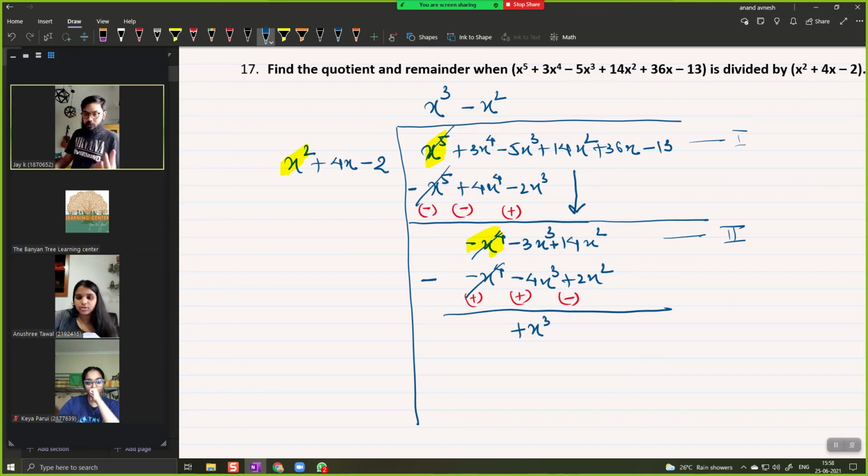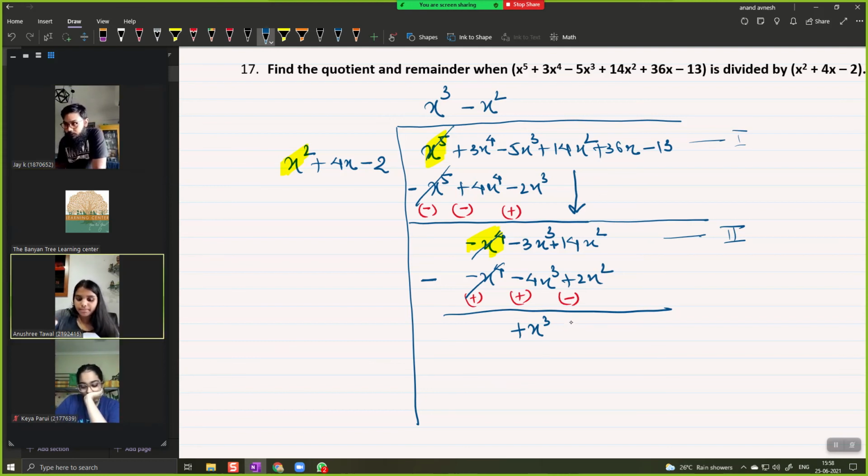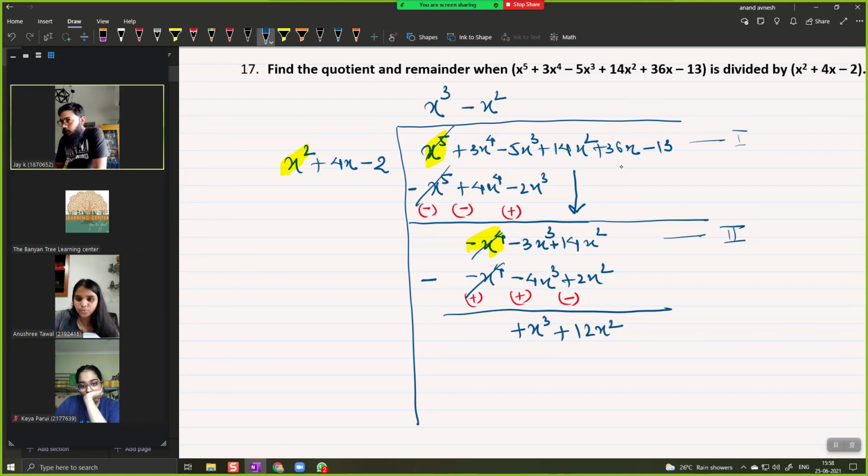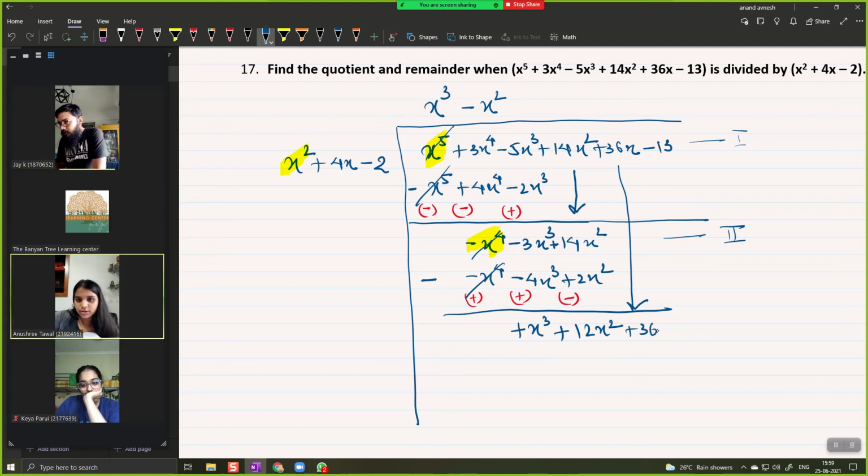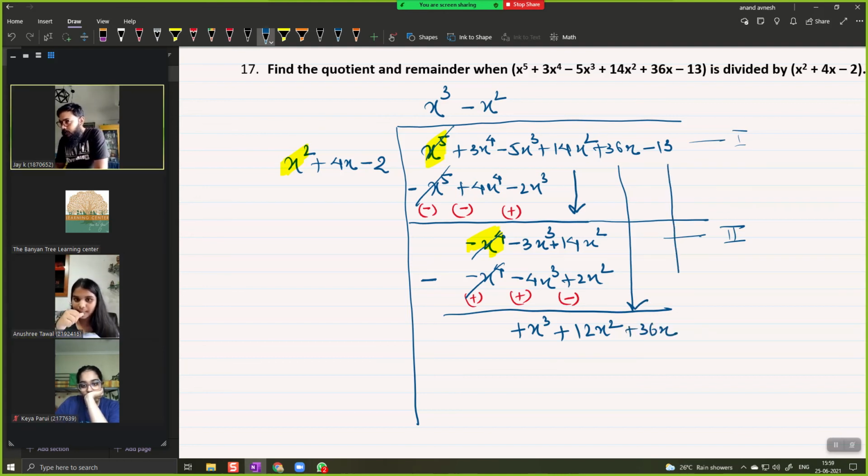Don't forget the variable. Plus x cube, plus 14x square minus 2x square, plus 12x square. Very good. Now take this down, plus 36x, and take this down, minus 13.